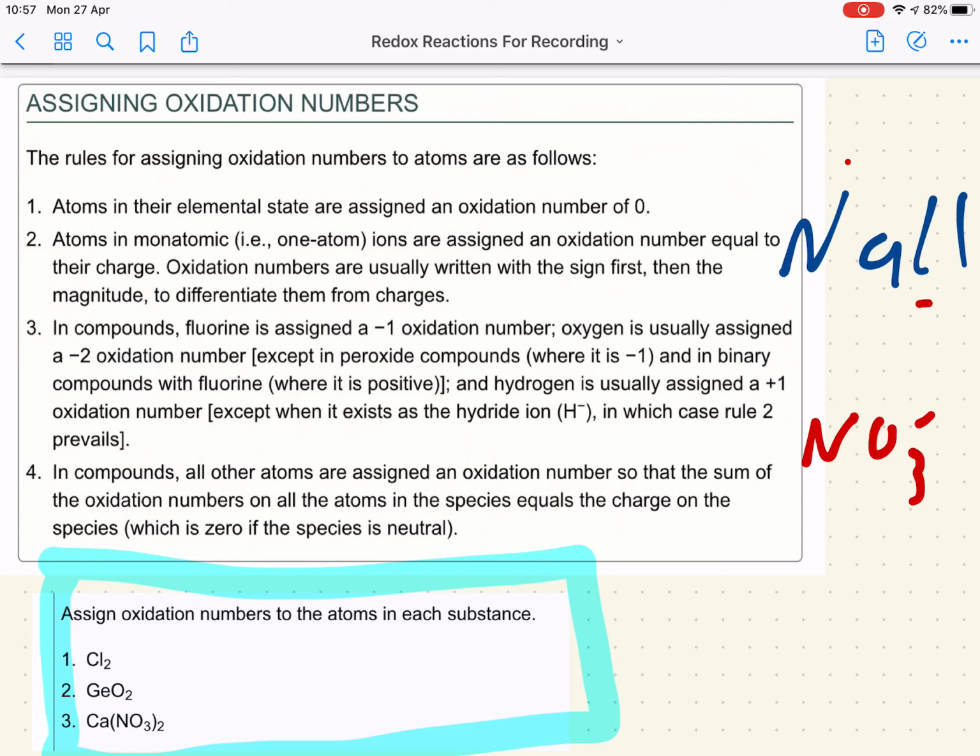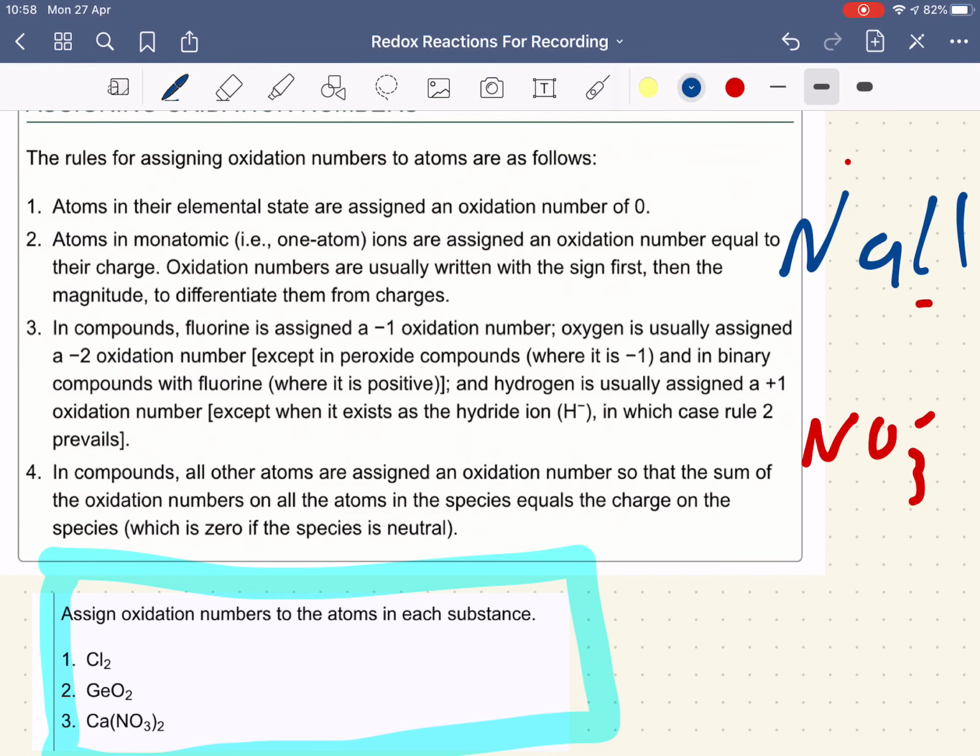And then some rules about hydrogen as well. Hydrogen is almost always going to be positive 1, because it's more likely to lose that electron. Situations where hydrogen is likely to actually gain an electron are ionic bonding situations, with a metal and a non-metal. An example would be something like LiH. This is a metal and a non-metal, so that's ionic bonding.